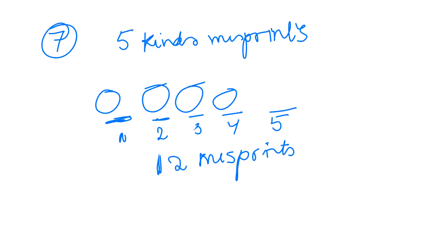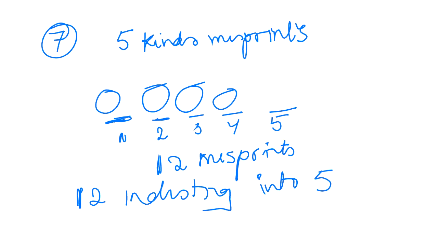Well, it's absolutely right. So 12 indistinguishable balls, because some of them might be typos, into 5 distinguishable cells. In this case, please remember, cells can be empty.